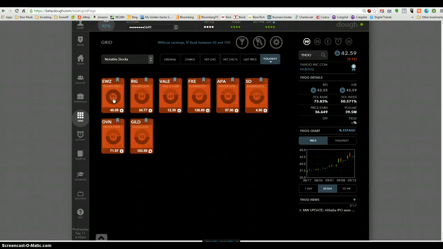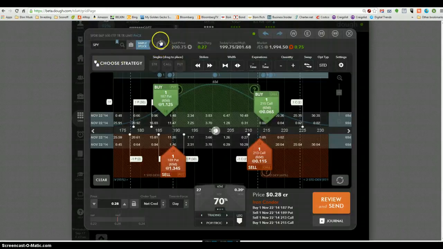IV rank is this number right here in the middle of your trade page. IV rank is at 19 for the SPY, for example. So that's low, below 25.